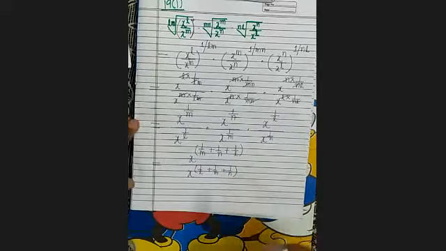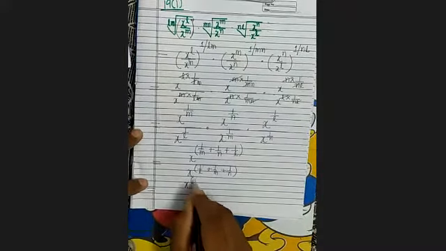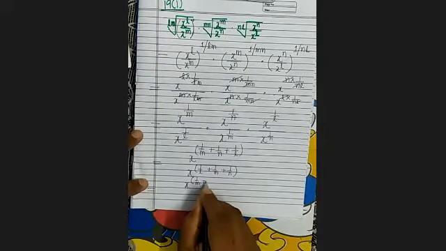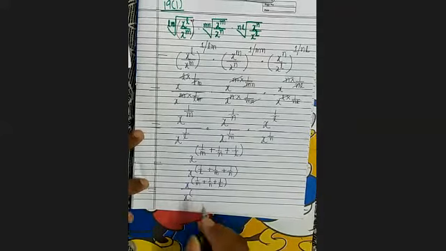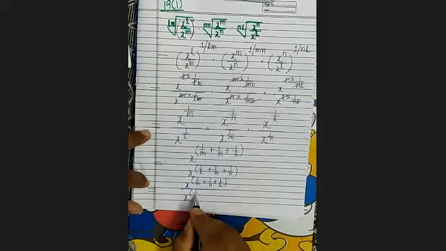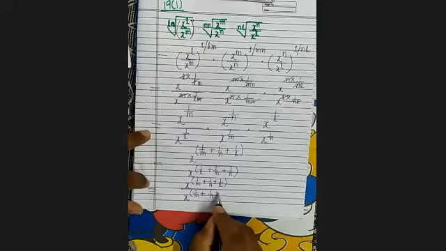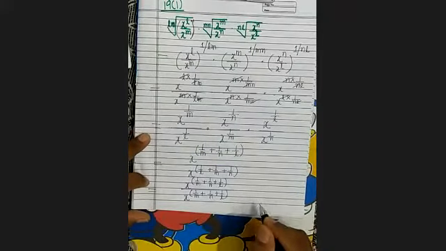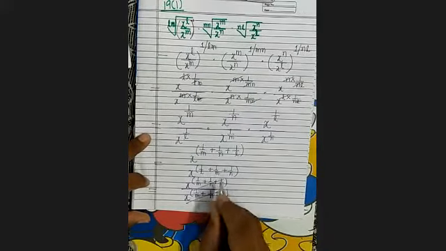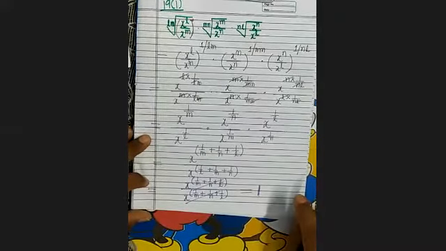First, what will we write? We will rearrange in the denominator: 1 upon n plus 1 upon L. Here x to the power 1 upon m plus 1 upon n plus 1 upon L. So numerator and denominator both are the same, so cancel out, equals 1. Answer will be 1.